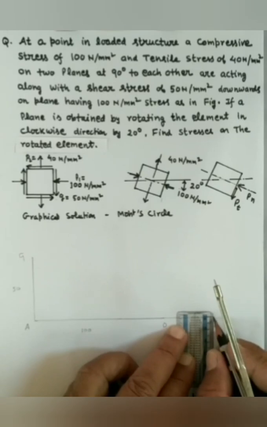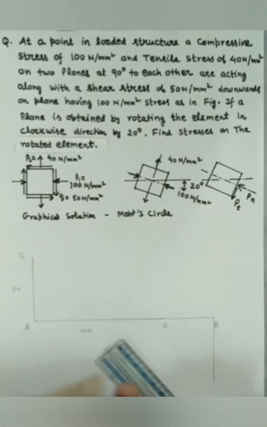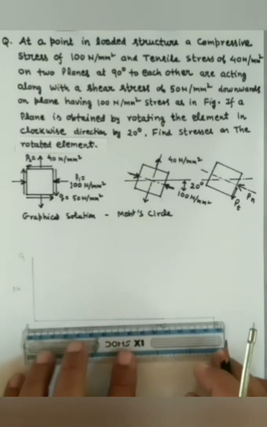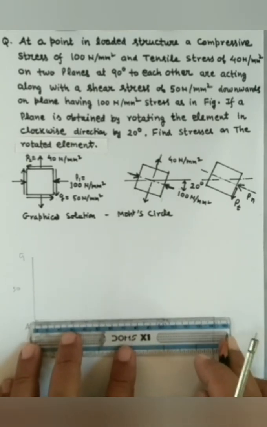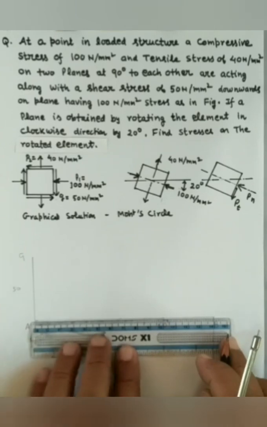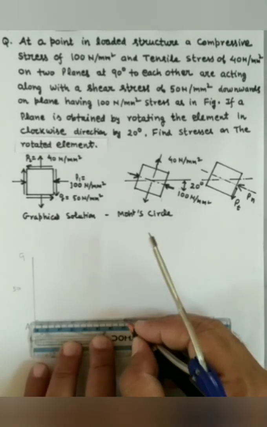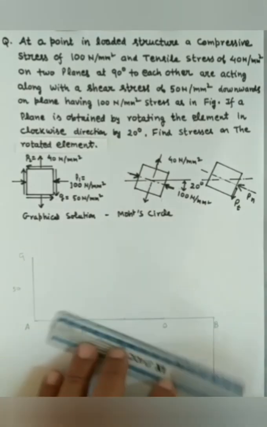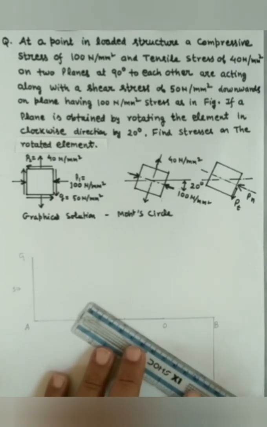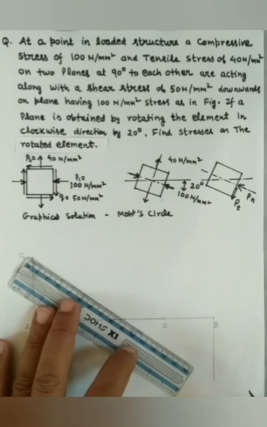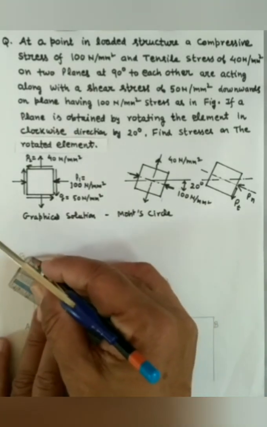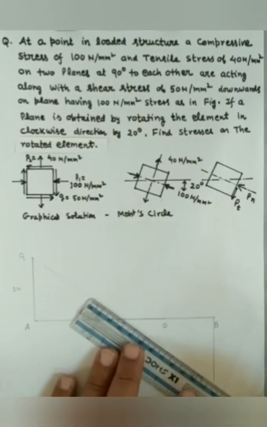So the shear stress will be drawn below the x-axis, since on Mohr circle it is positive. So let us draw a line BH of 50 mm representing positive stress Q. If we join the points GH, they will pass through the center of AB. So let us join these 3 points G, C and H.